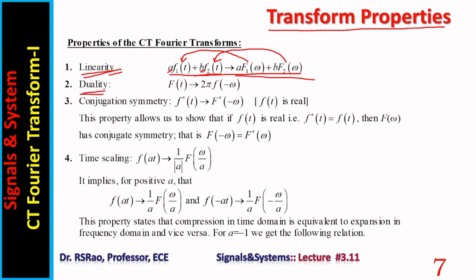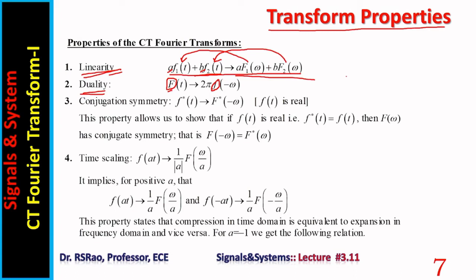Duality property. It says capital F of t gives a Fourier transform which is equal to 2 pi small f of minus omega. Notice small f refers to the time domain signal, capital F refers to the frequency domain signal.